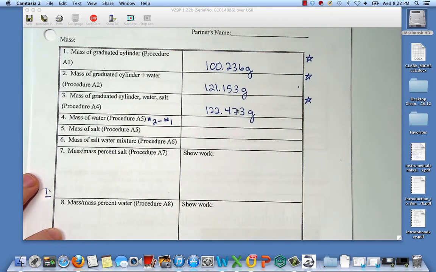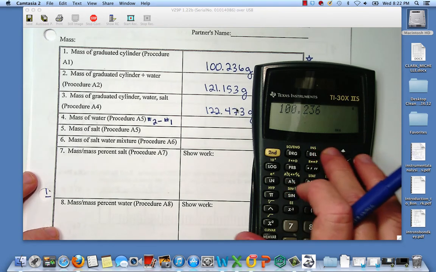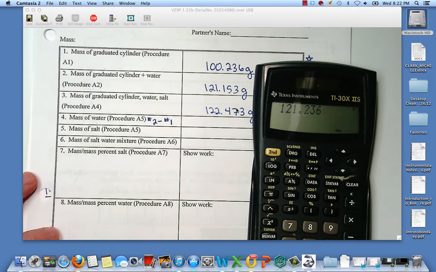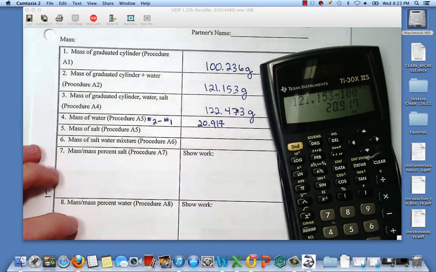So for Jen's data, that would be 121.153 minus 100.236. So 20.917. Is that the correct number of Sig Figs? Yes. Very good, because I have 3 after the decimal.